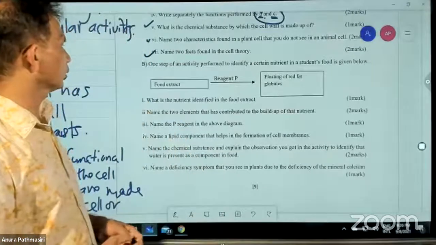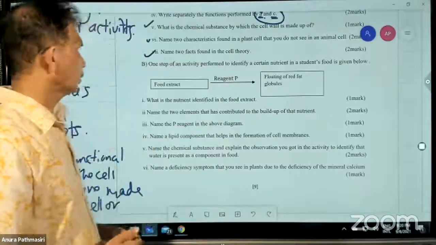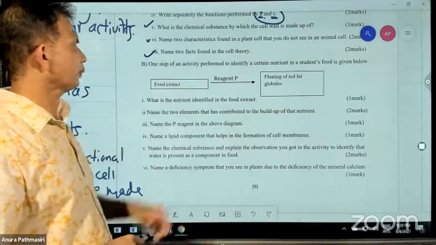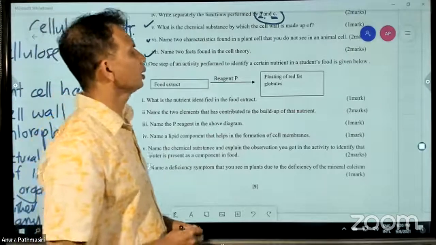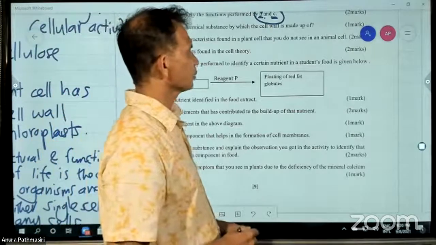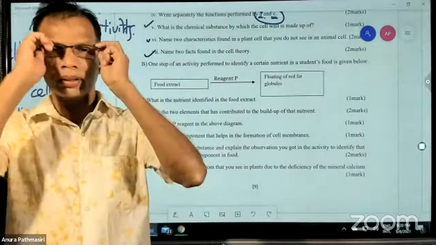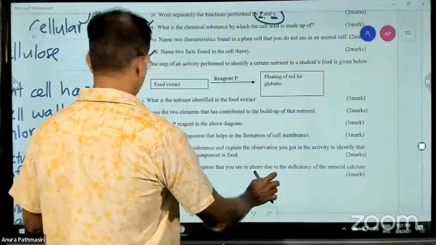Next one, B. The question has A, B, C parts. The B part, we are discussing the second part. One step of an activity performed to identify a certain nutrient in a student's food is given below. As you can see, what is the step? The first one is food extract.